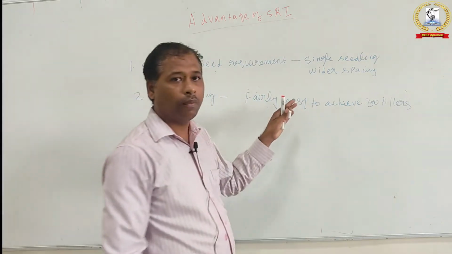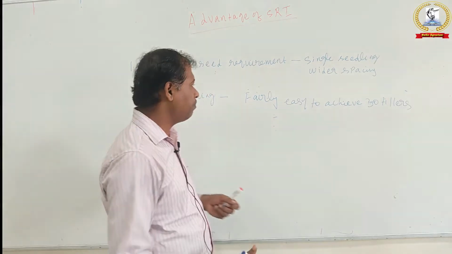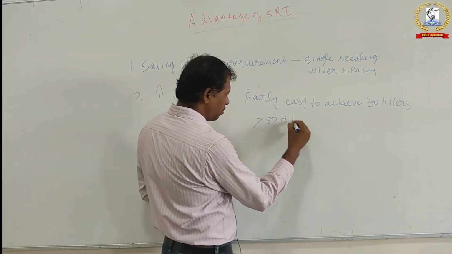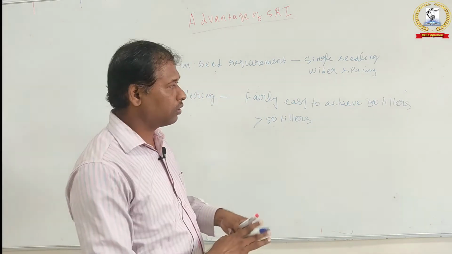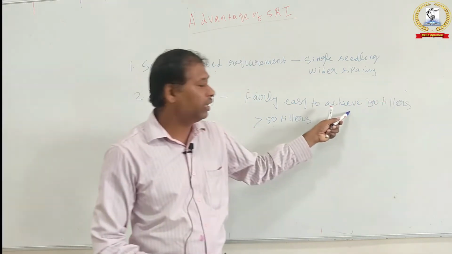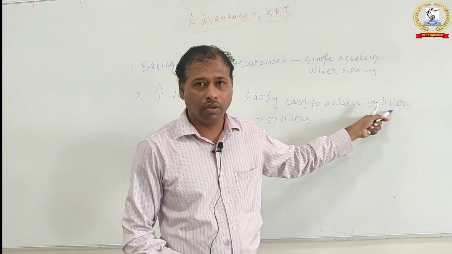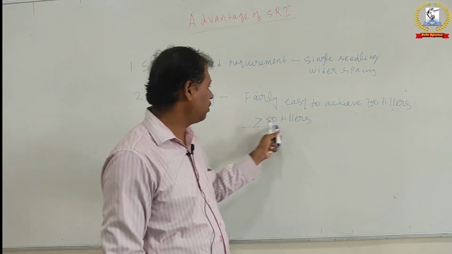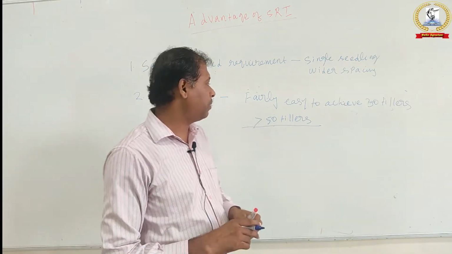Under well managed SRI condition, sometimes plants produce more than 50 tillers also. So normally plants under SRI method produce 30 tillers, but under well managed SRI condition, the plant can achieve more than 50 tillers per plant.